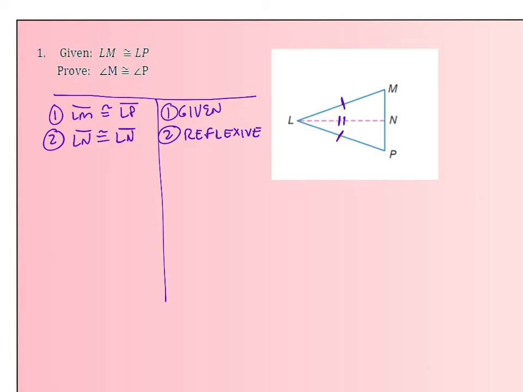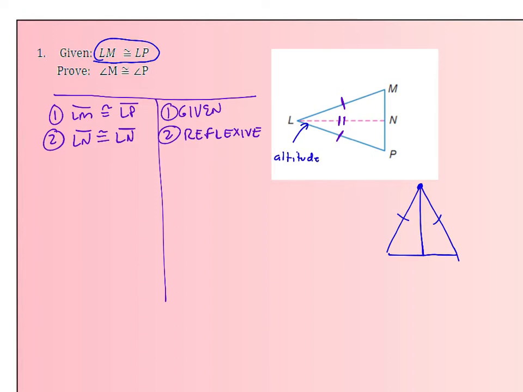This is going to be a little bit of a leap of faith, so you're going to have to listen to this part. If I've got an isosceles triangle, which is what this given statement told me, and I drop a line from my point straight down, which is what this pink dotted line is, this is called an altitude.